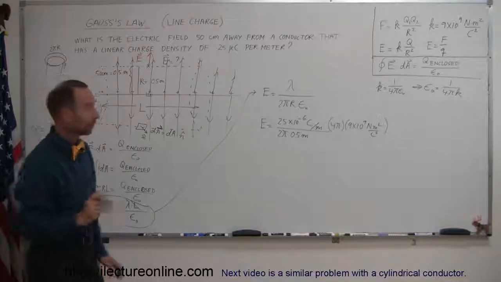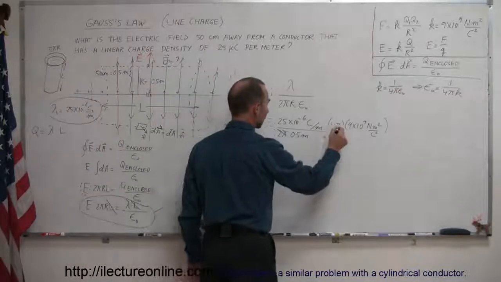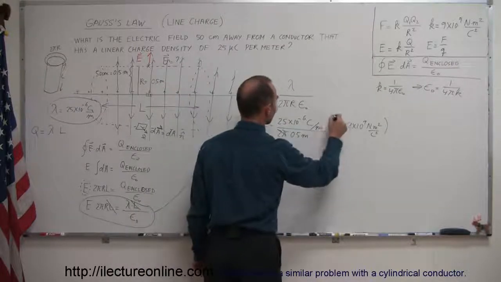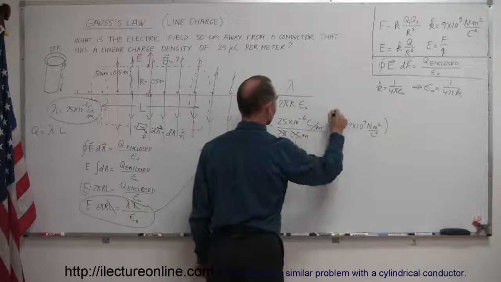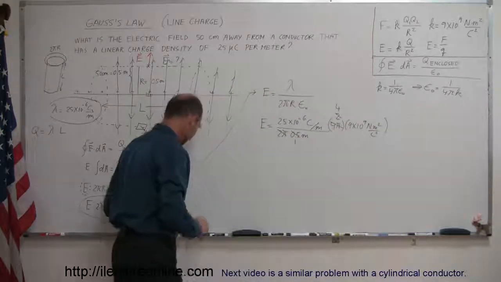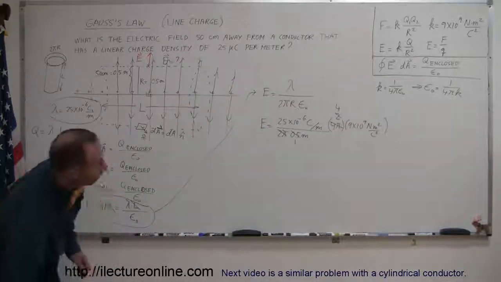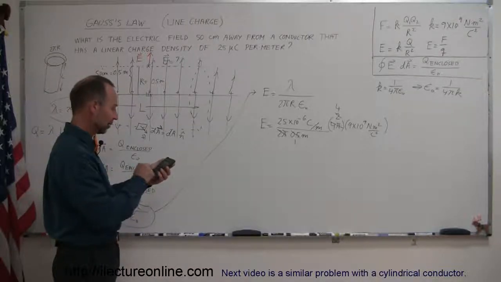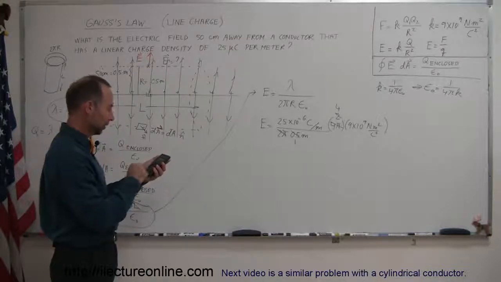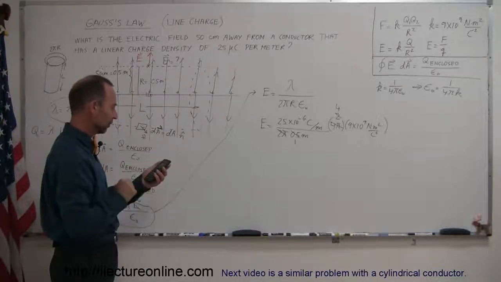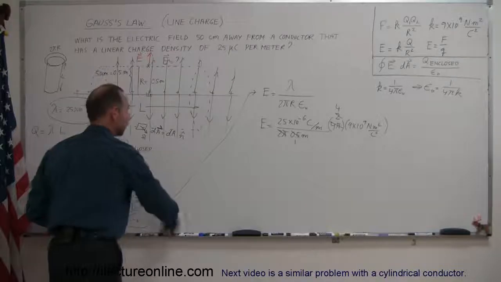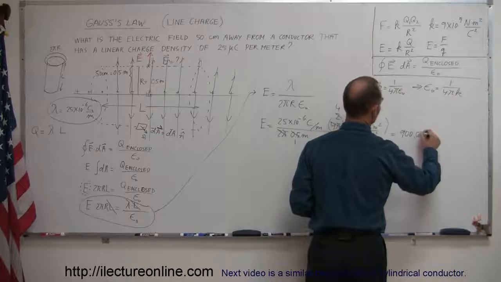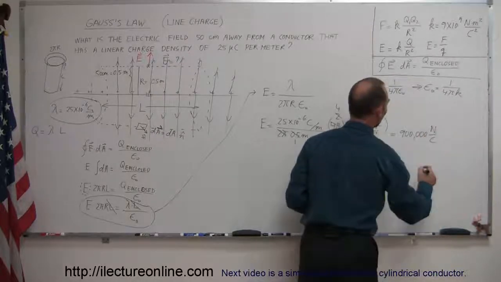All right, now simplifying, we have a 2 pi here and we have a 4 pi there, so that becomes 2. 2 divided by 0.5, that becomes 4. And now we can go ahead and grab a calculator and find out what that is. So we have 25 times 10 to the minus 6 times 4 times 9 times 10 to the 9th equals, and it looks like 900,000 newtons per coulomb.